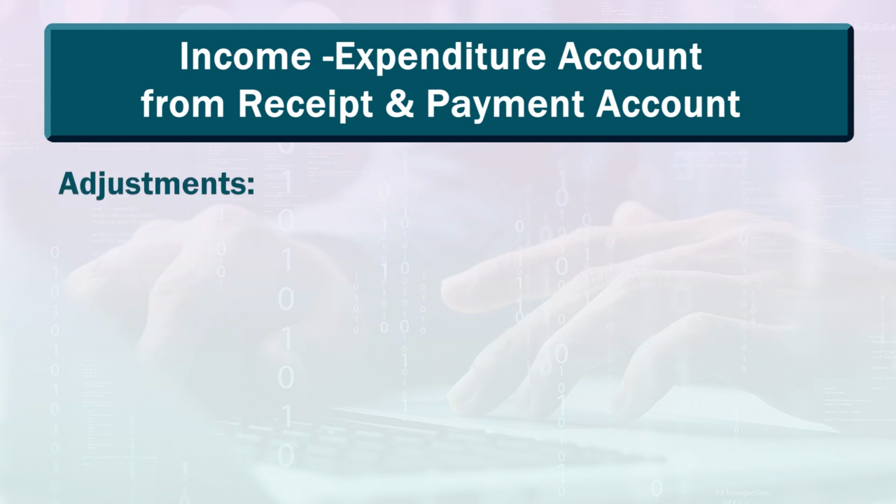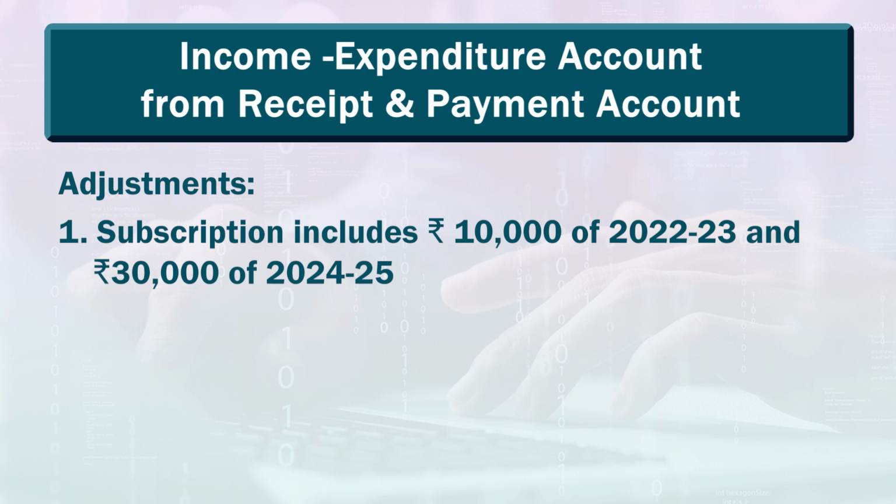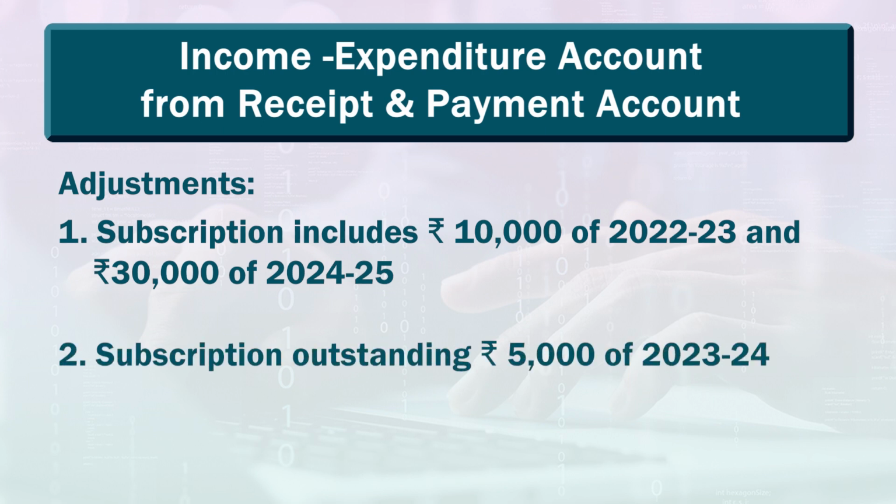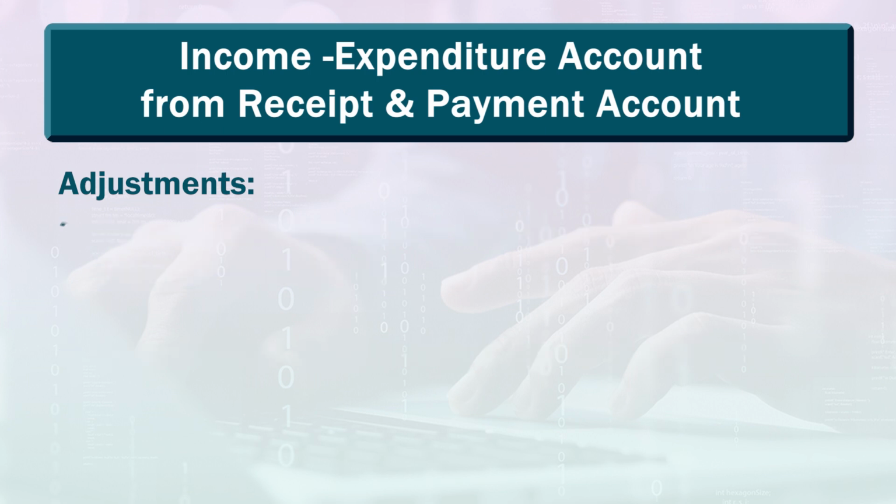The adjustments are: 1. Subscription includes rupees 10,000 of 22-23 and 30,000 of 24-25. 2. Subscription outstanding is of rupees 5,000 of 23-24. 3.